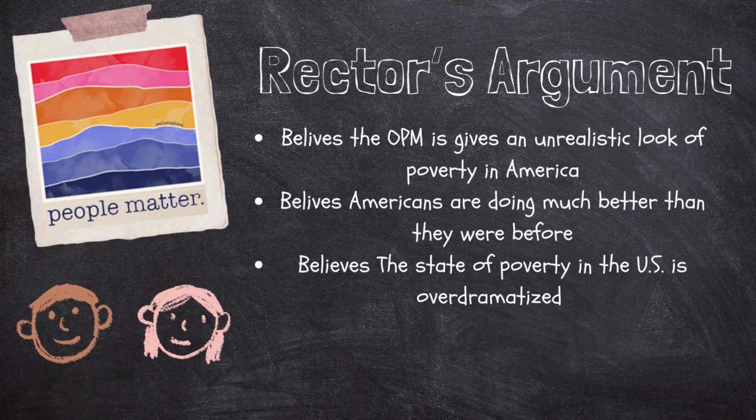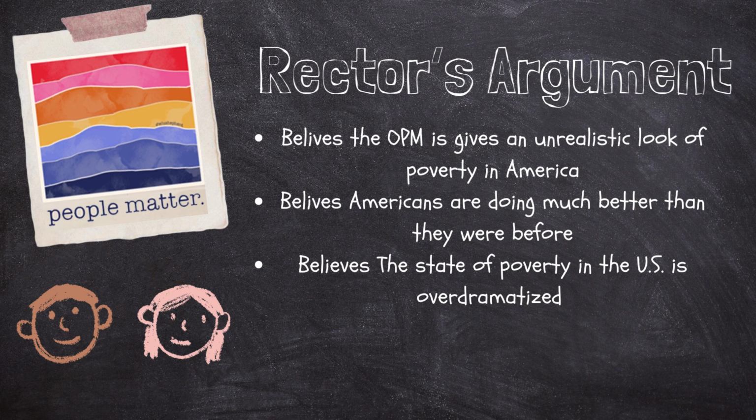Quote, "Today most poor families have conveniences that were unaffordable to the middle class not too long ago." However, what Rector fails to acknowledge is the change of what are necessities over time. A primary example is cell phones. While even wealthy men at one point did not all own phones, phone culture was much less normative nor persistent as it is now. Phones have changed from a luxury to necessity.